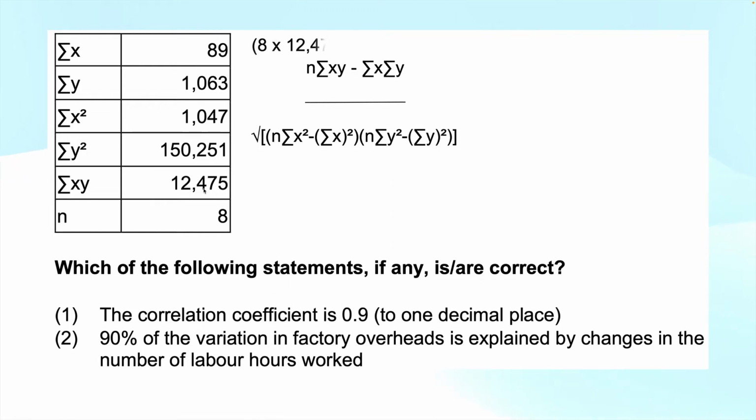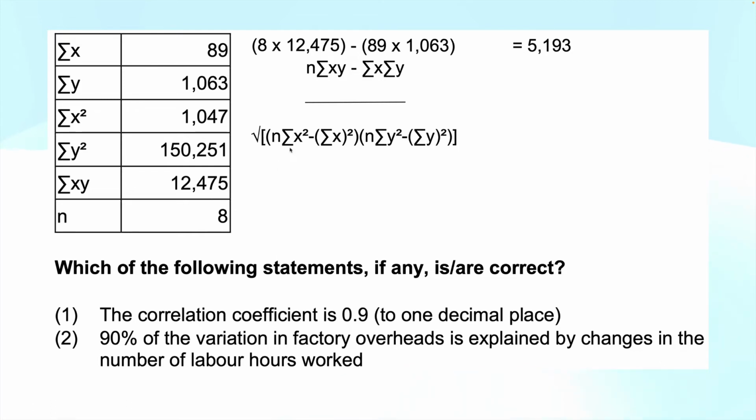So quite straightforward. 8 times 12,475 minus the sum of x times by the sum of y. The sum of x, 89, sum of y, 1063. Put all that together, you get 5193. So far, so good. Then you want the square root of n, which is 8, we know.